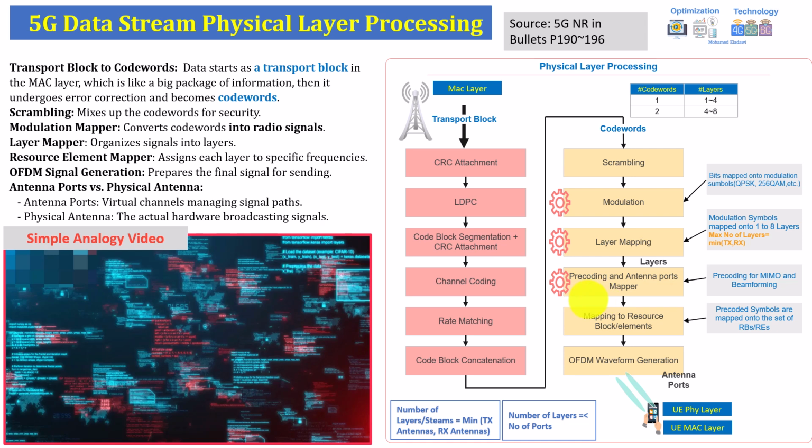Then moving forward, the most important thing which we are going to cover next is something called precoding and antenna port mapper in general. Just to try to make it simple for you, this is the step which covers the beamforming weights.